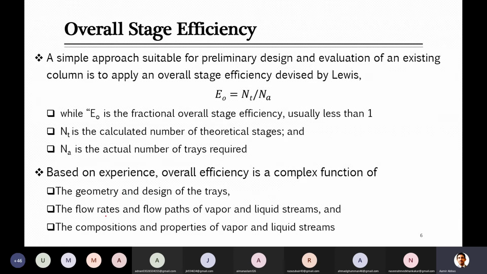Then there are the flow rates and flow path of the vapor and liquid streams, that is, where vapor and liquid come in contact or move through the plates, which also affects this. And then the major contributor is the composition and properties of the vapor and liquid streams. That is the major factor which contributes toward the efficiency.